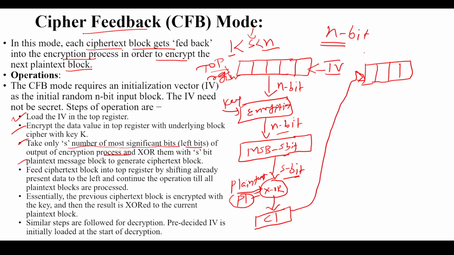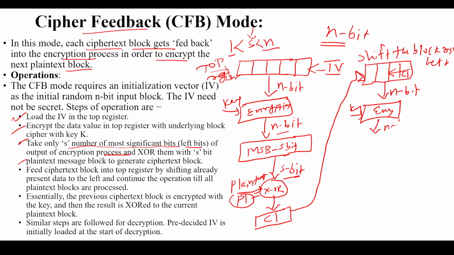For this purpose we have to shift the blocks from right to left. Whatever initialization vector was there will be shifted to the left, and then we will add ciphertext 1 into this block. The same procedure we follow here: the n bits are again added for the next step, then encryption along with the key.